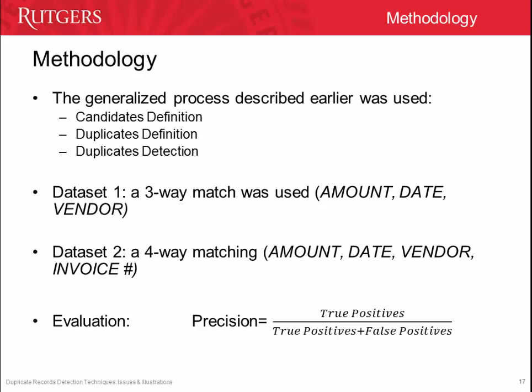True positives are those transactions or records that were flagged or classified by the algorithm as duplicates, and they were in fact duplicates. Whereas false positives are the cases where the system identified them as duplicates, however, they turned out to be legit and not duplicates.